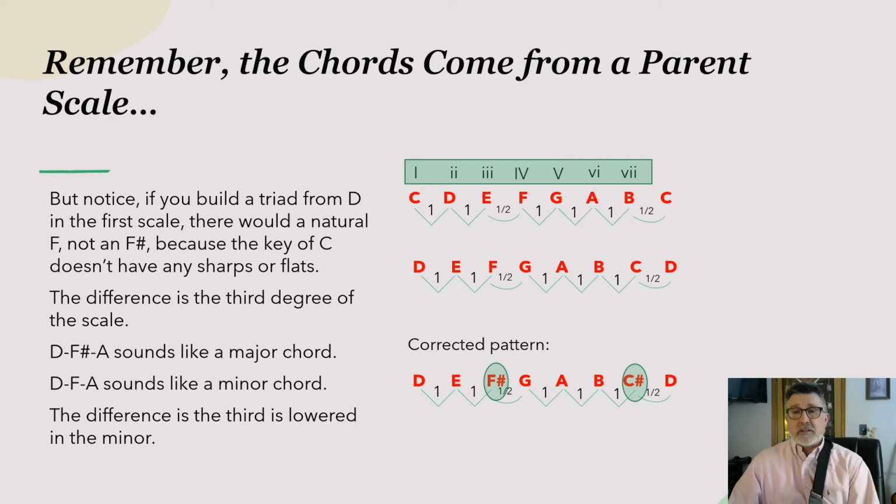So D, F, A, the F natural makes the minor. If I play D, F sharp, A, that's based on a D major scale, and that would be a major chord. So a chord based off the 2 in the key of C will automatically be a minor chord.